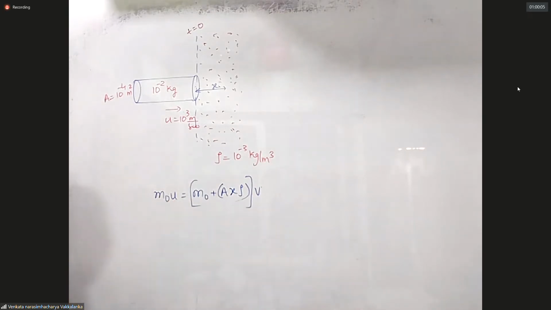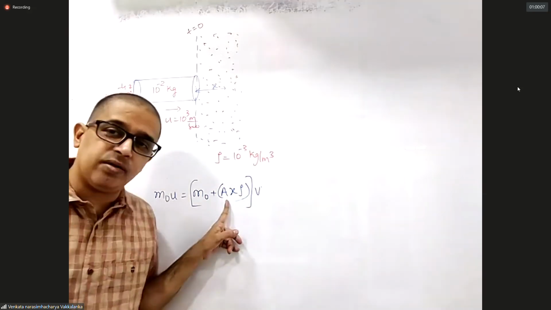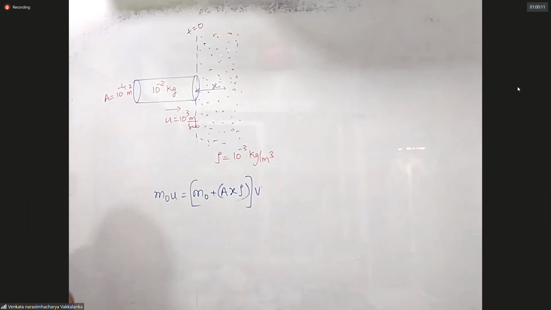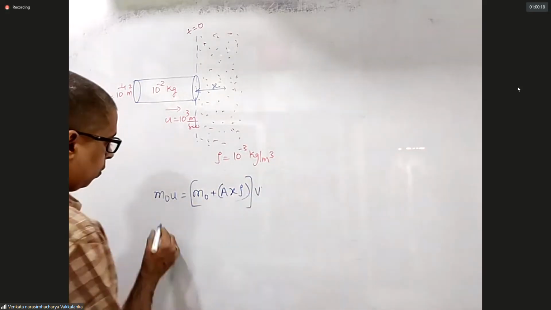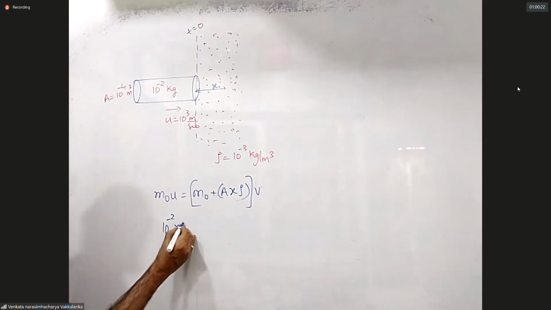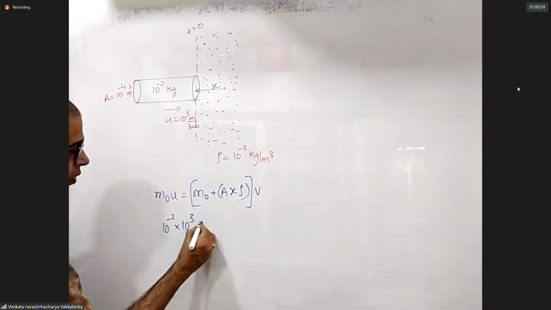Initial momentum, final momentum I equated here. Why is the velocity changing? Because the mass is changing. So far, so good? Yes sir. M naught is 10 raised to minus 2, u is 10 raised to 3.